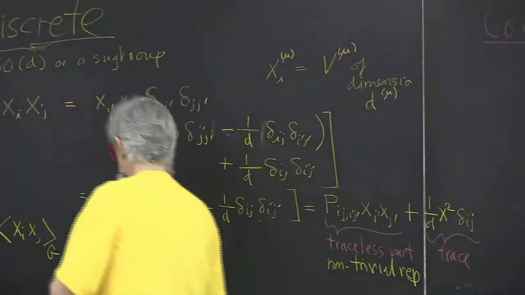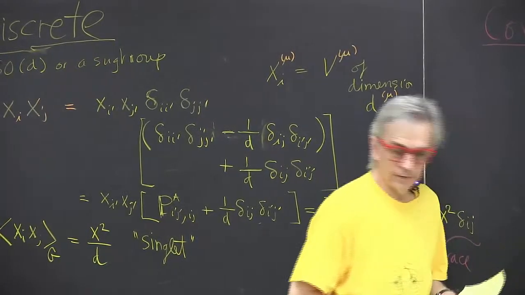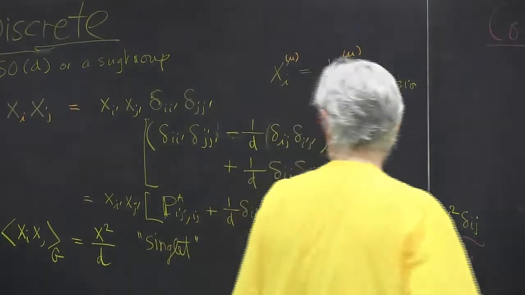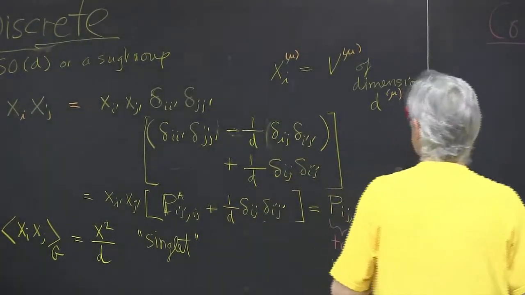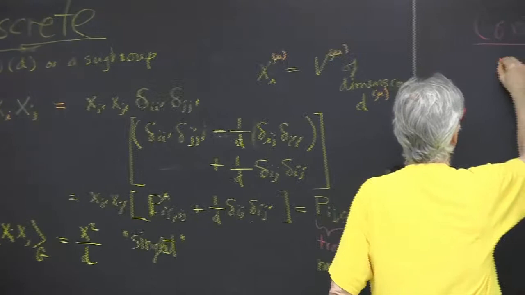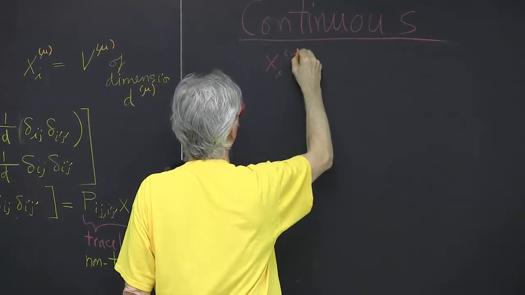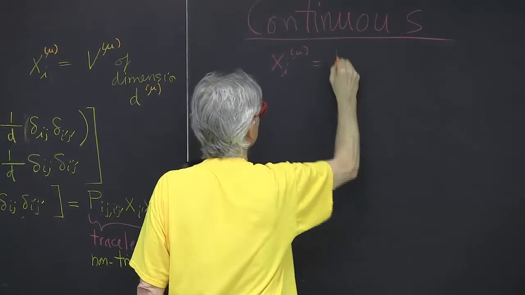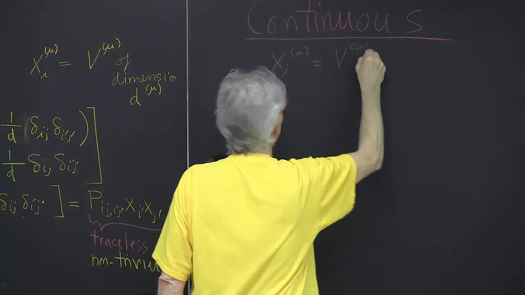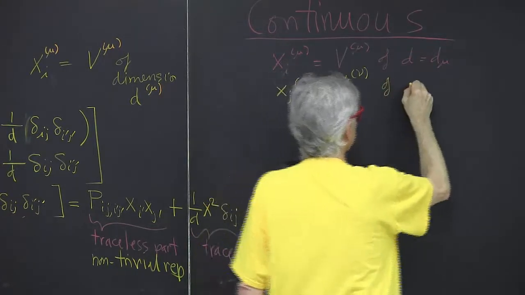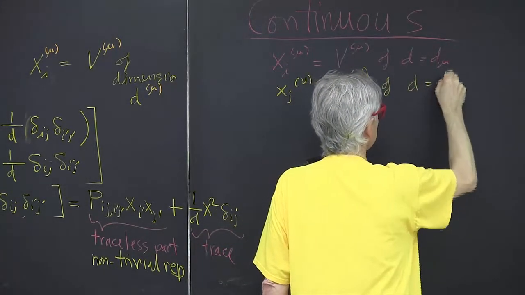That's called Schur's lemma. So now x_i belongs to representation U, a space of dimension, in general, different from that of t.